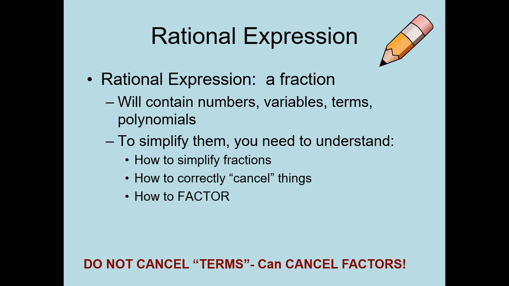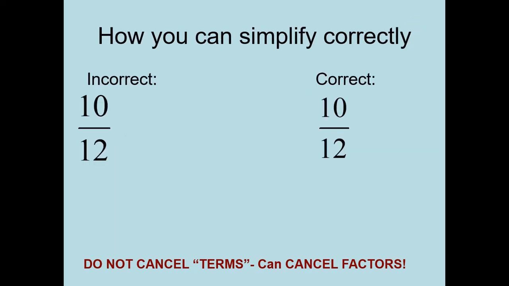Okay? It's kind of like this. So how can I simplify correctly? Well, I know 10 over 12 is 7 plus 3 and 9 plus 3, right? Well, I can't just do this, cancel off 3's and say, well, that's 7/9, right? No. This would be you canceling out terms, okay?